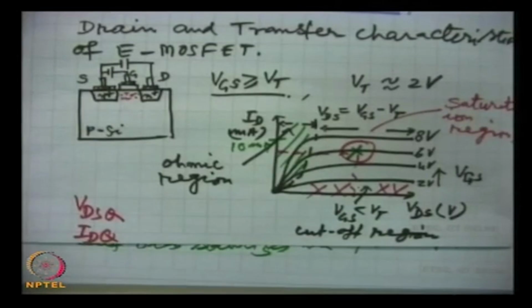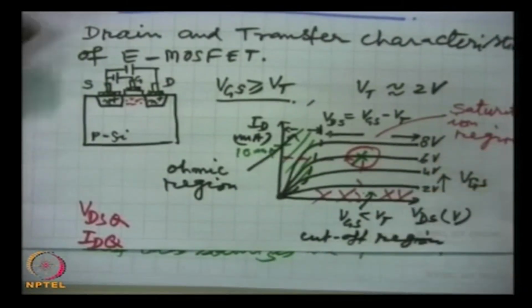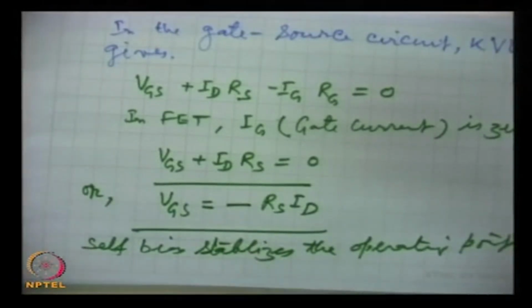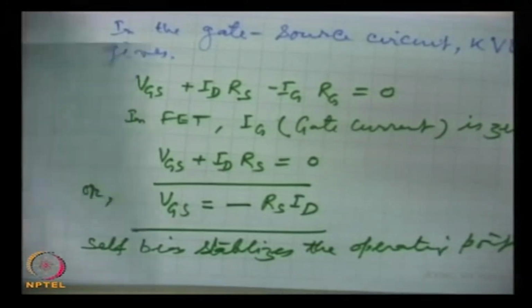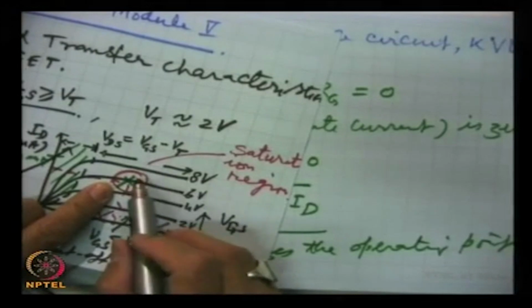At the Q point, all parameters are known, including the VGS. So, this operating point once chosen will be stable against all kinds of variations.